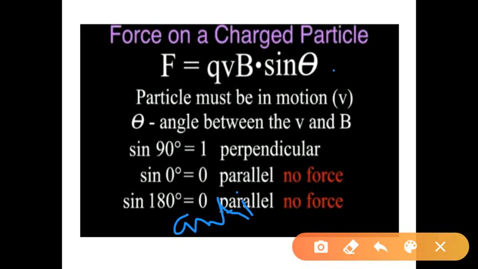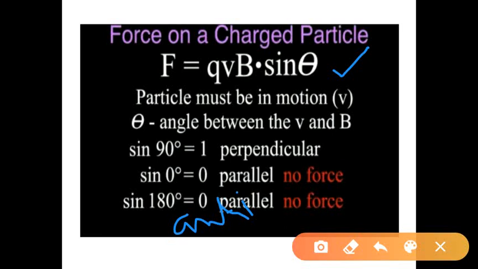Therefore, we will get force F equal to QVB sin 180 equal to 0. In this case also, there will be no magnetic force acting on the charged particle. Therefore, there will be no change in the velocity of the charged particle, no change in the motion of the charged particle. It will continue the same motion.